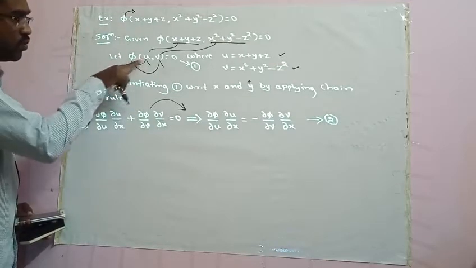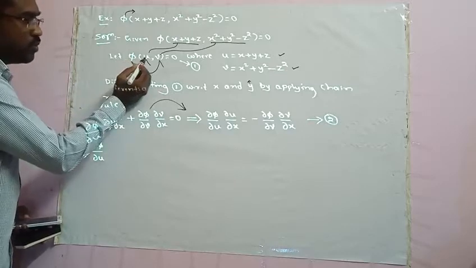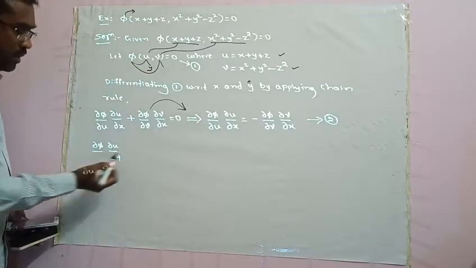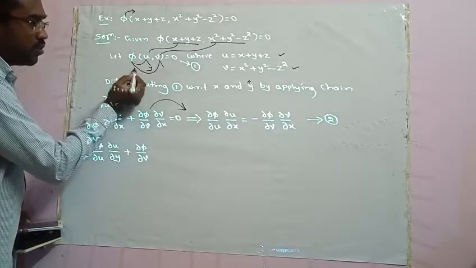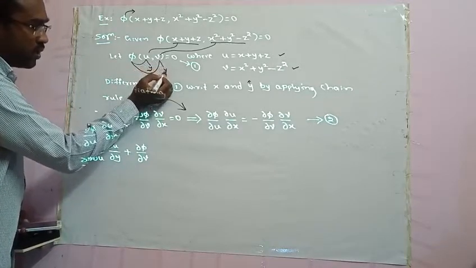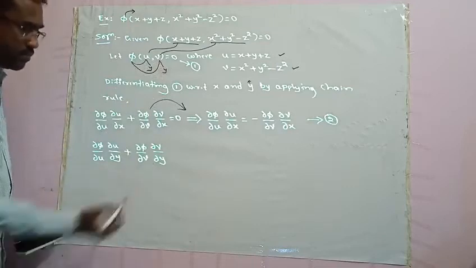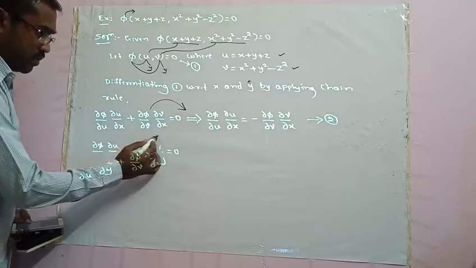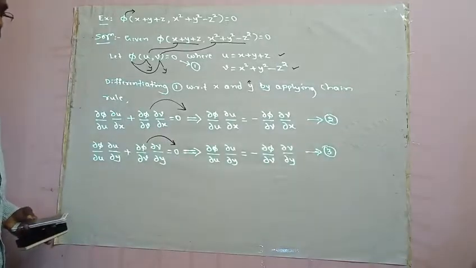Dou phi by dou u into dou u by dou y, plus dou phi by dou v into dou v by dou y, is equal to 0. As in the previous step, if you take it to the RHS, you get this.